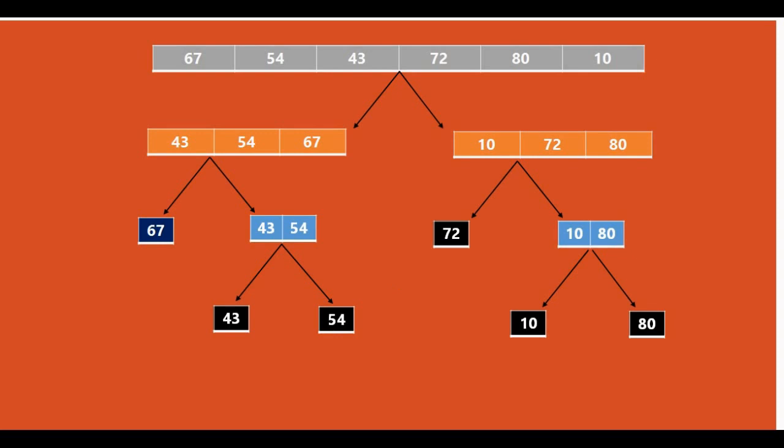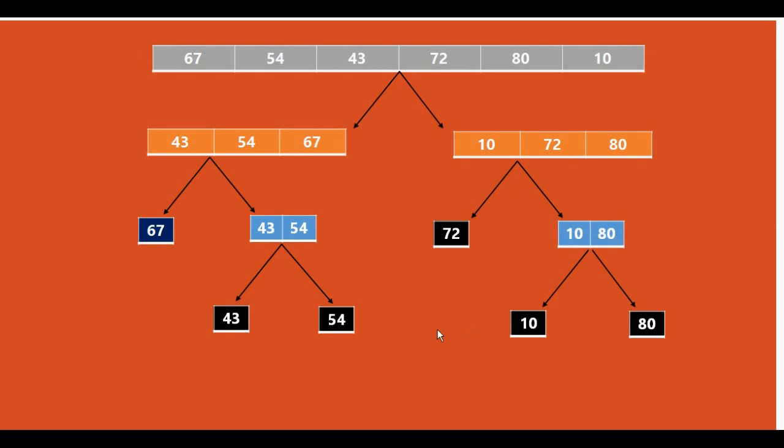Now if you look at this level of the tree, I have 67 on my left hand side and 43 and 54 on my right hand side. Similarly, in this branch I have 72 on my left hand side and 10 and 80 on my right hand side. So now the elements to be sorted are 67 and 43, 54, which is already sorted, and 72 and 10 and 80, which is already sorted.